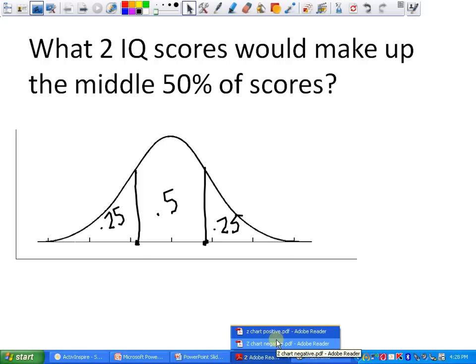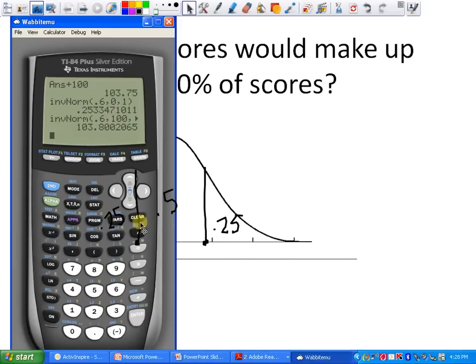So first, if I go to inverse norm, the area that is to the left of that first score was 0.25. 25% was to the left of that. Now, notice it's not going to give me a z-score.